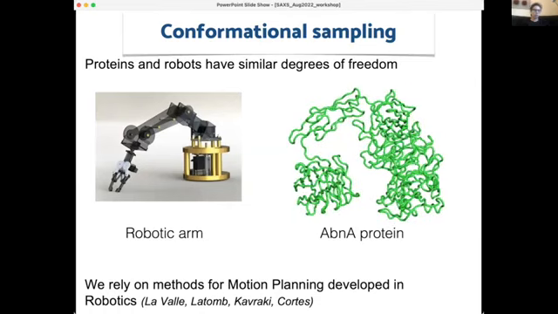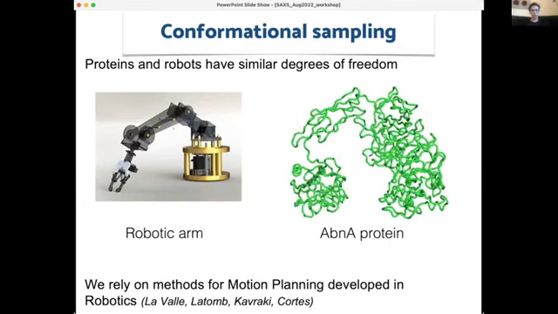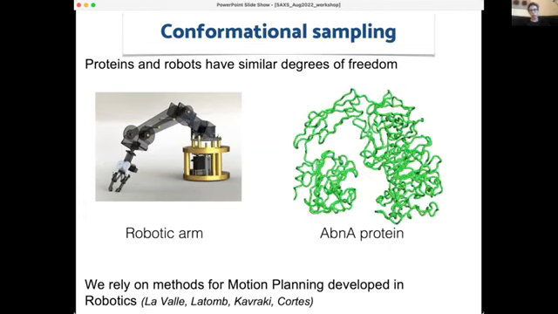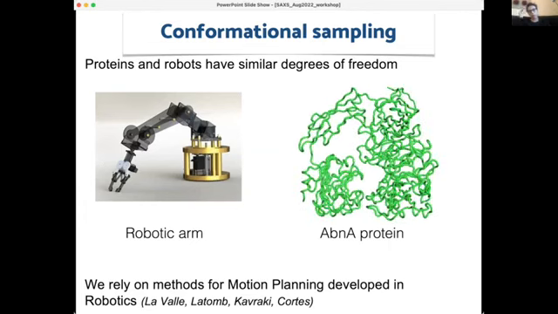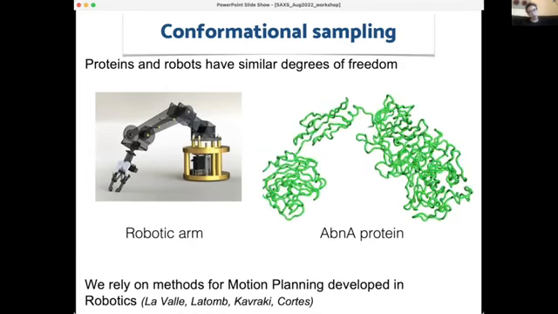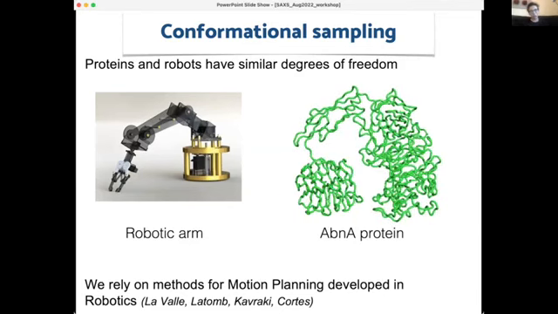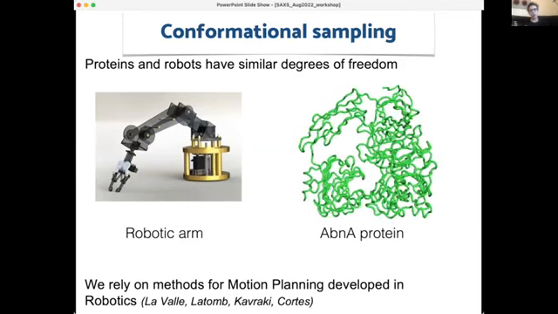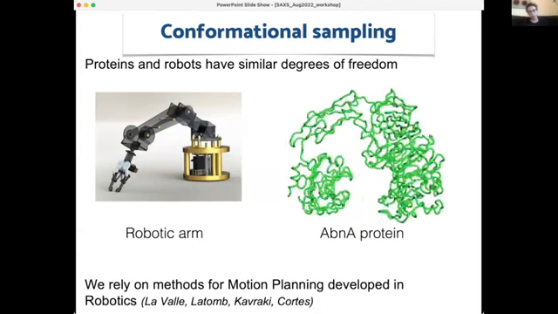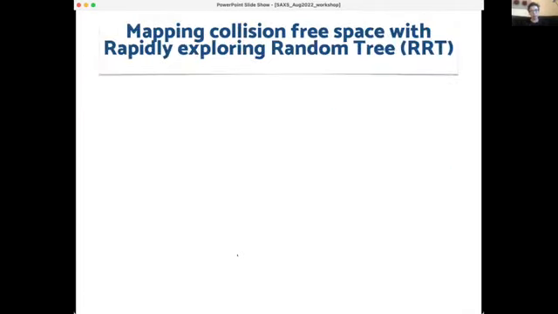Here we use the motion planning approach that is coming from robotics. And this is because proteins have those angular degrees of freedom similar to robots. So this is a rotational angle, and obviously phi and psi are rotational angles. So those approaches transfer to proteins very well, and we can rely on what was developed there.